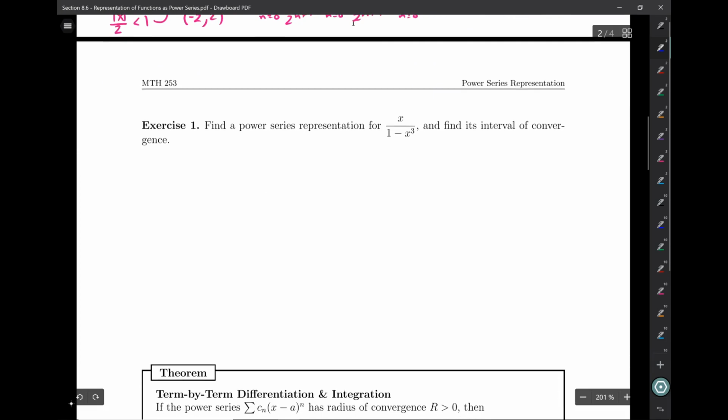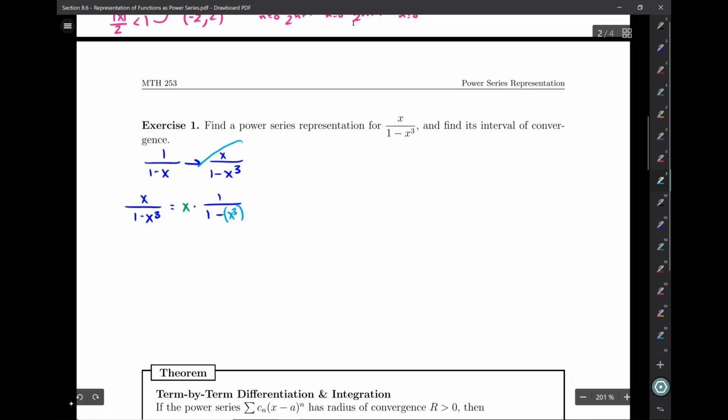Okay, so we are, as always, going to start with 1 over 1 minus x, and in this case we're now trying to get x over 1 minus x cubed. We're going to manipulate this 1 over 1 minus x in order to get that. So what we're going to do is think about multiplying through by x times 1 over 1 minus, and then we're going to replace x with x cubed.